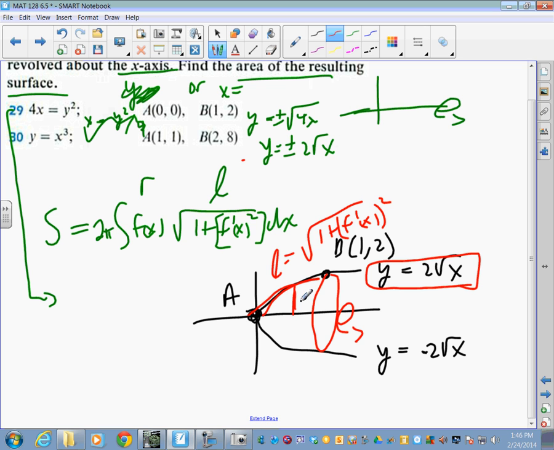The radius is going to equal what? That's how far it is from here to here. 2 root x, because the function value from the x-axis up to the curve is the radius, or 2 root x minus 0.